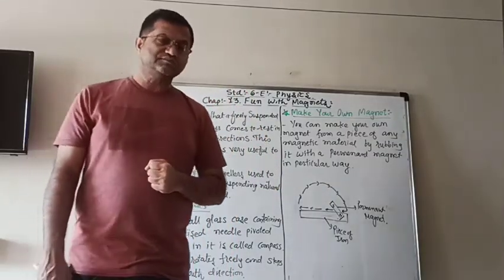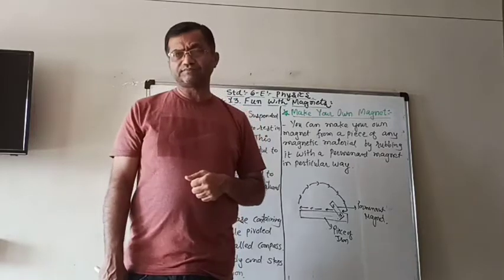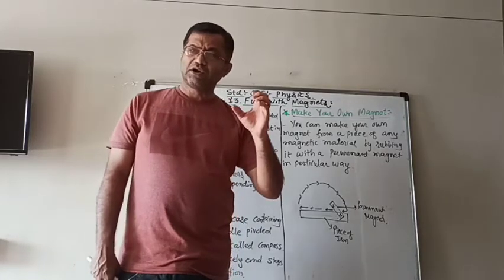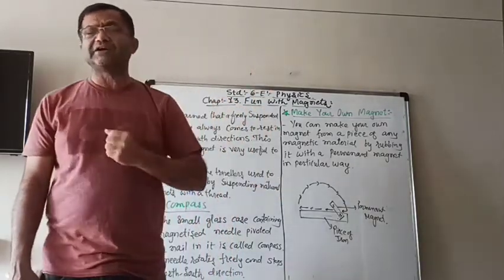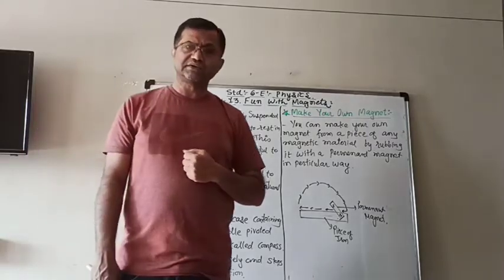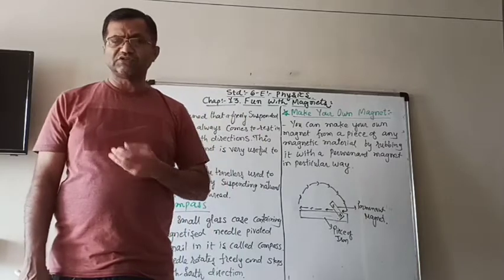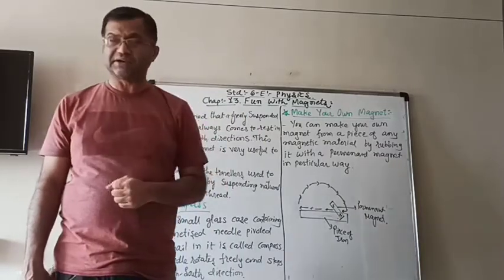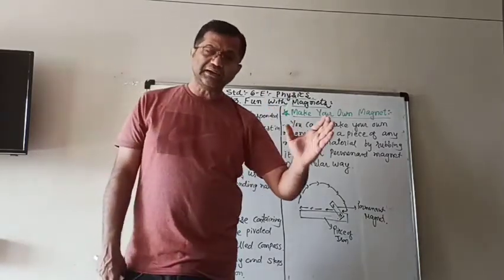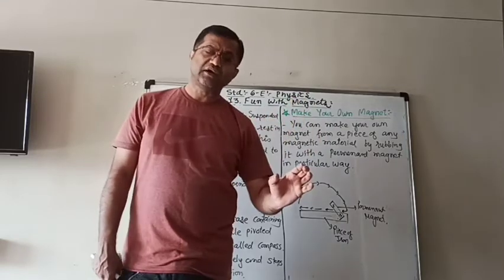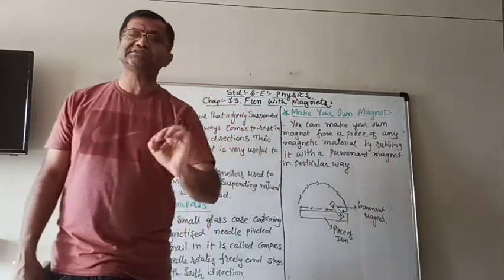For that, you need a permanent magnet, which means you can already buy it from the market, a bar magnet, which is already a permanent magnet, and a piece of iron. Only those two things are required.